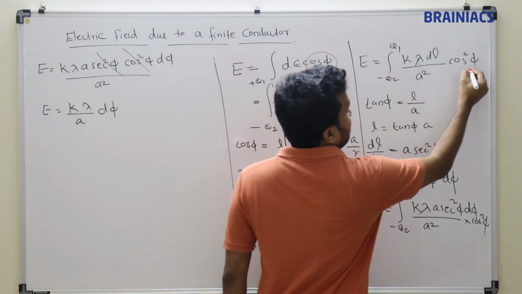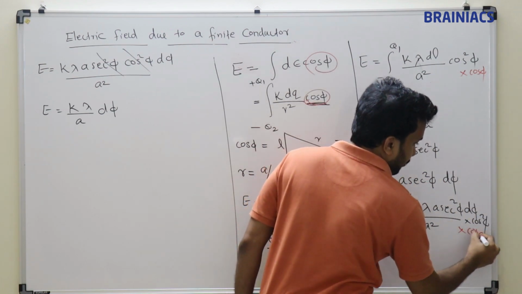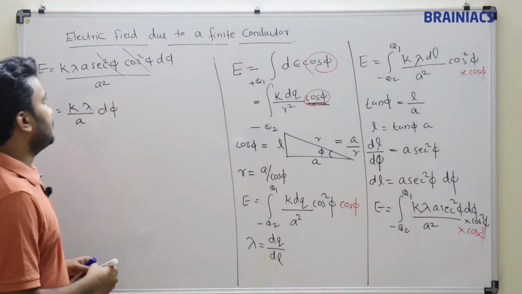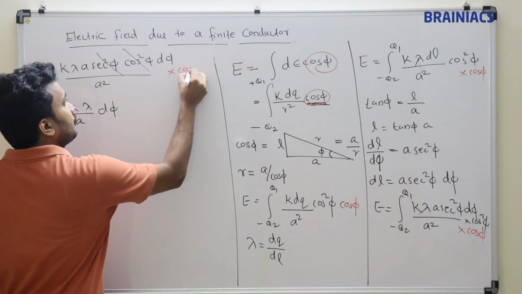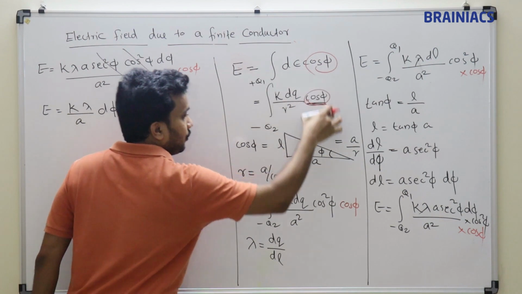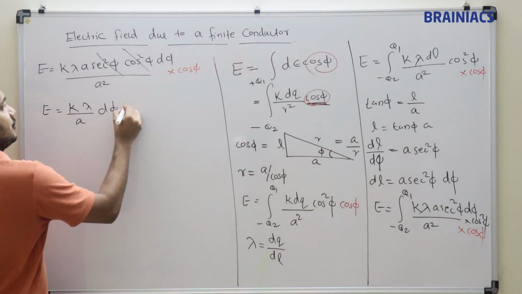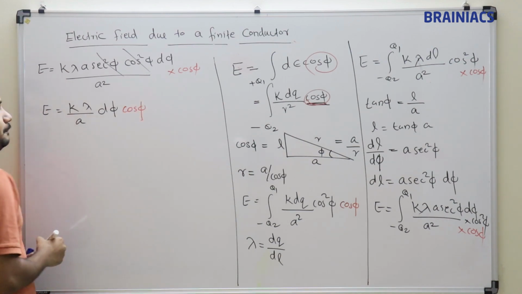So the same steps, into cos phi. This is actually dE that we have solved, so the cos phi will be there throughout the equation from the first step itself. So here we have an extra cos phi.